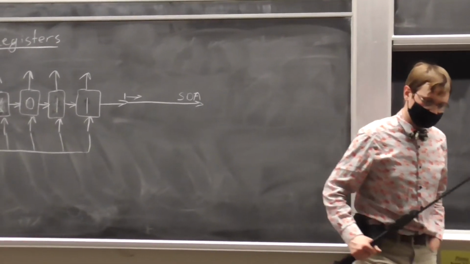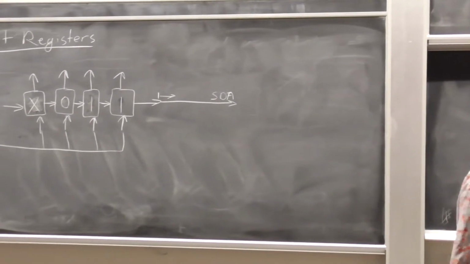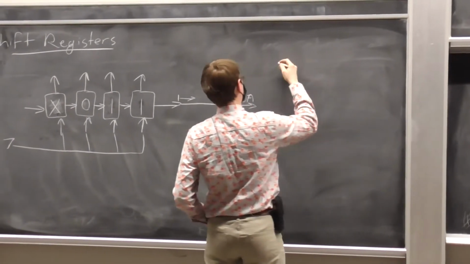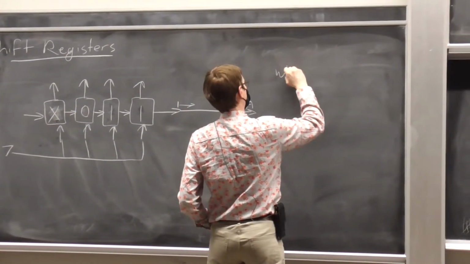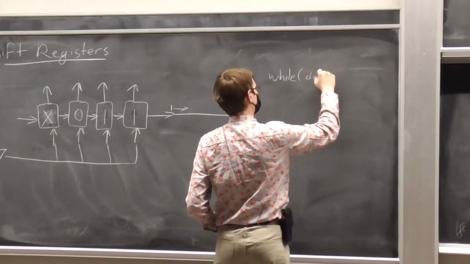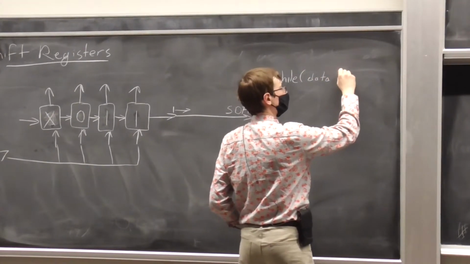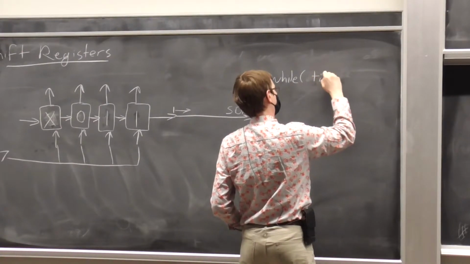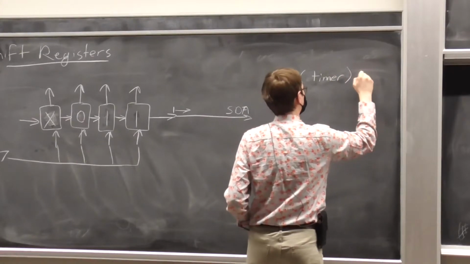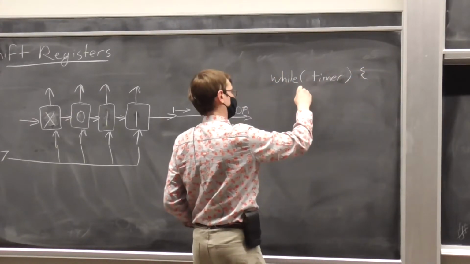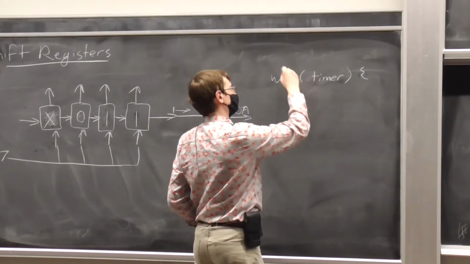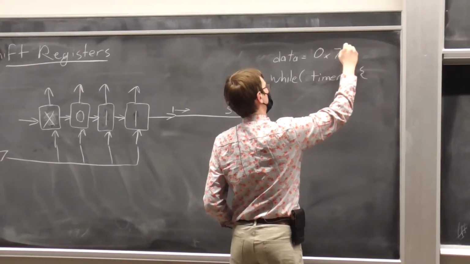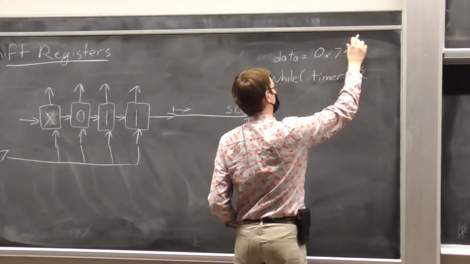So, for example, just in pseudocode, you would need something like while data is, well, probably better to do it with a timer, while timer, whatever. Let's say we had data up here equal to 7, 4 or something.